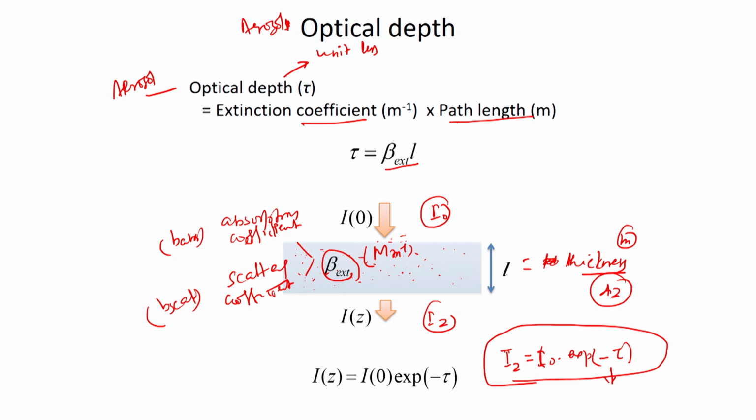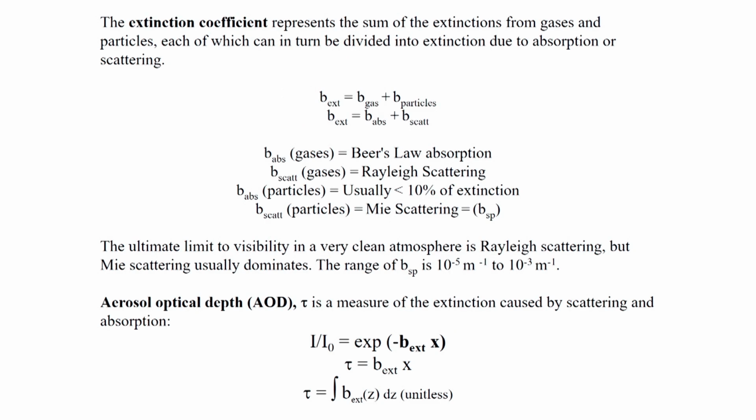If the optical depth is very high, the light will attenuate faster, you have more extinction, and more extinction means you probably have more particles in the atmosphere contributing to the extinction coefficient.